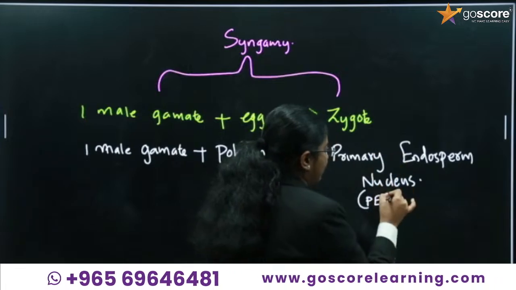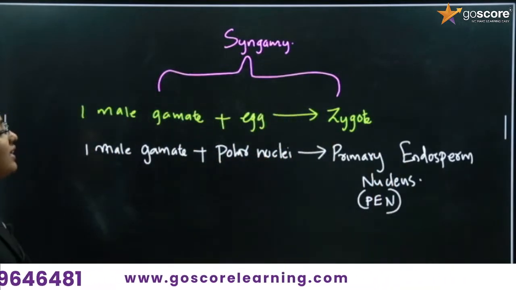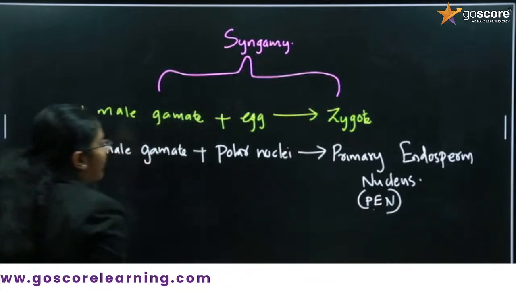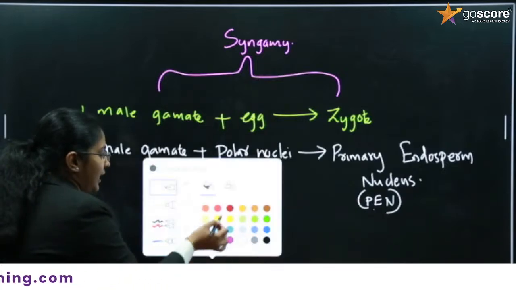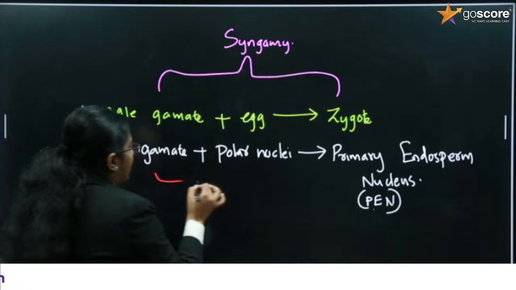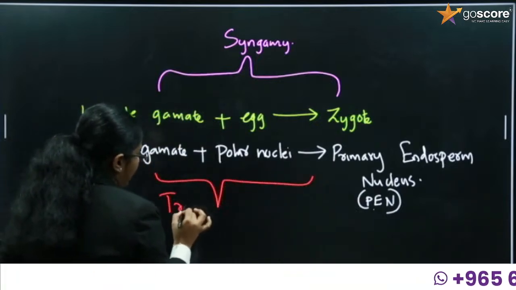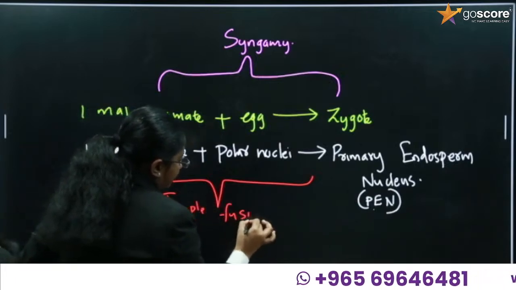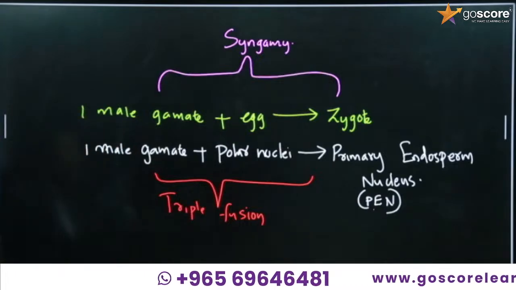Okay, so we can say the formation of PEN by the fusion of one male gamete and polar nuclei. What is the process called? The process is called triple fusion.